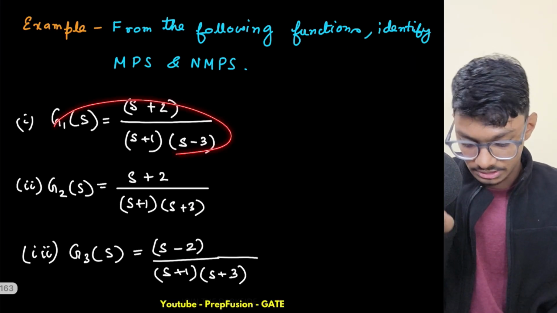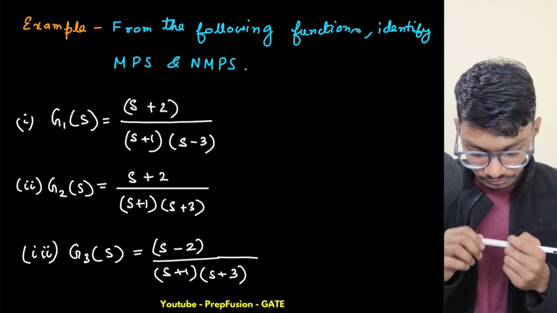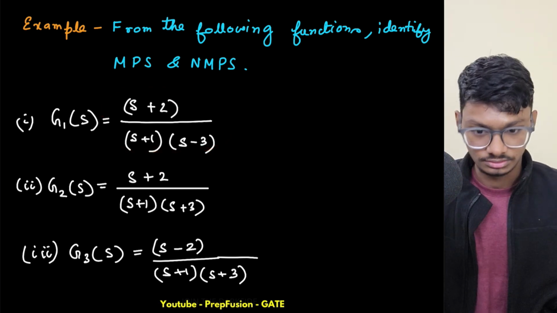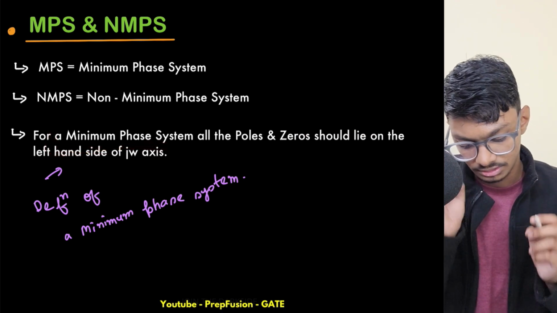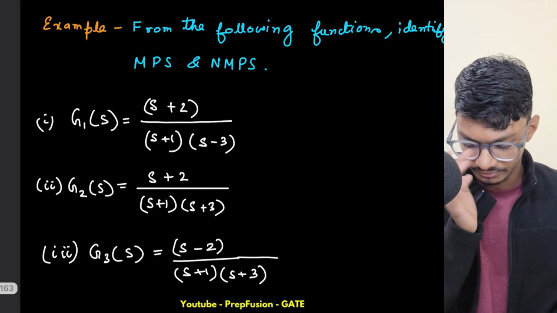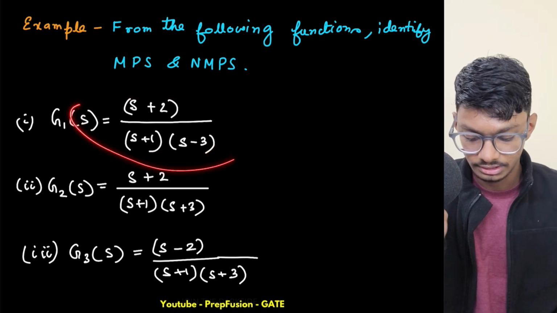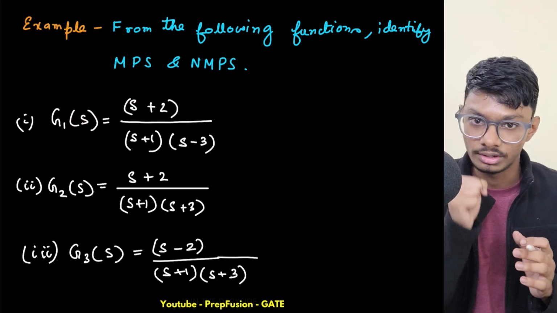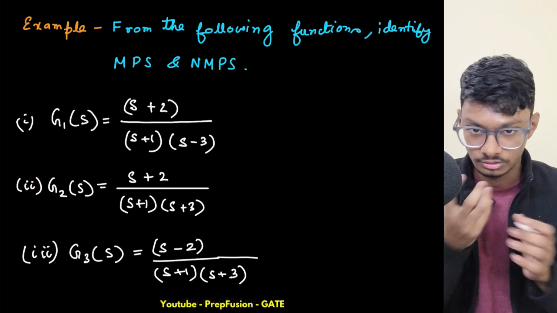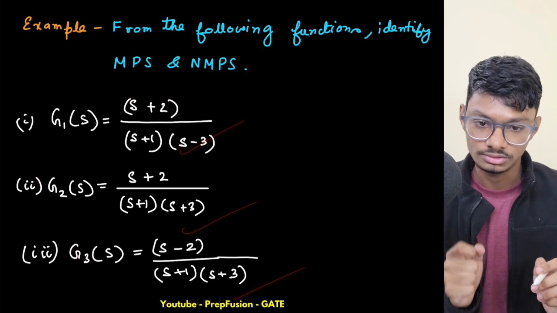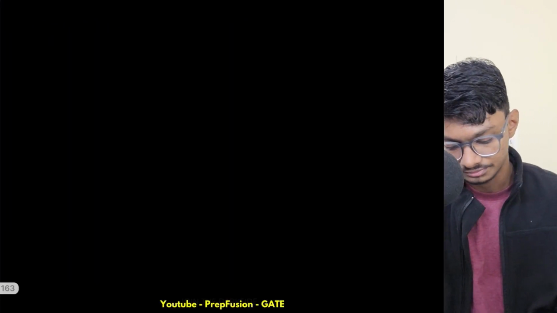This is for the OL TF also. It is not only about the transfer function; it is about any function of s you have been given, and all the poles and zeros should lie on the left hand side of the s plane, then it will be called a minimum phase system, else it will be called a non-minimum phase system. Now these are a few examples, try to solve them by yourself. Tell me, according to the poles and zeros, which is a minimum phase system and which isn't. I will solve this now.